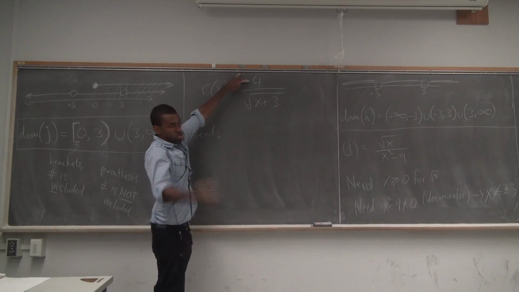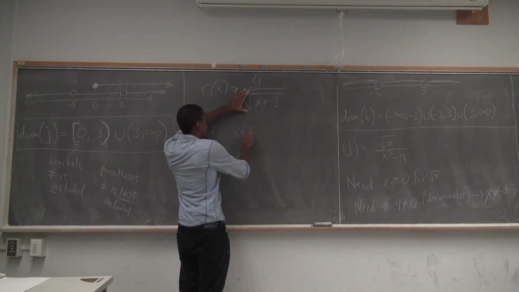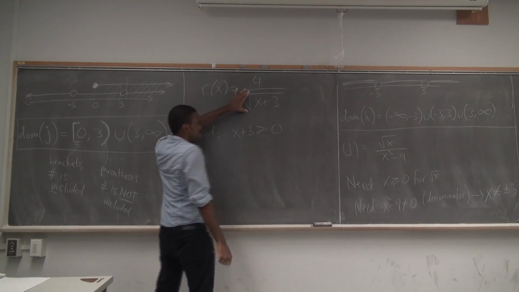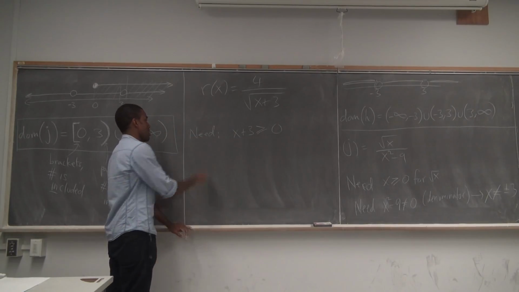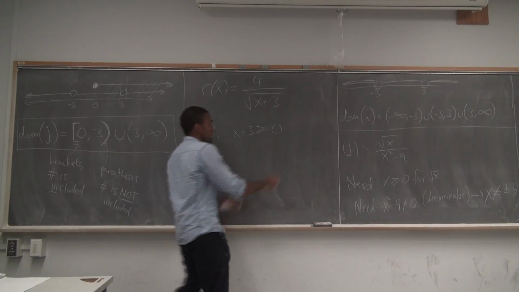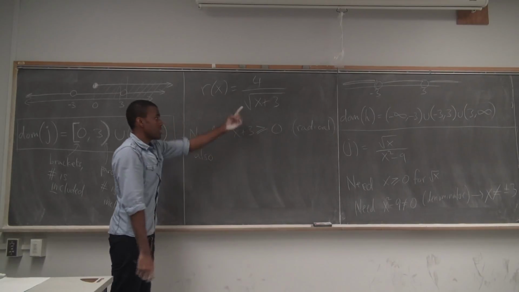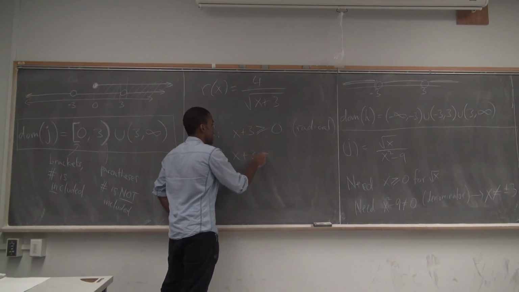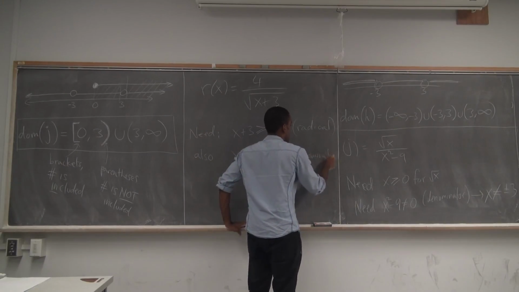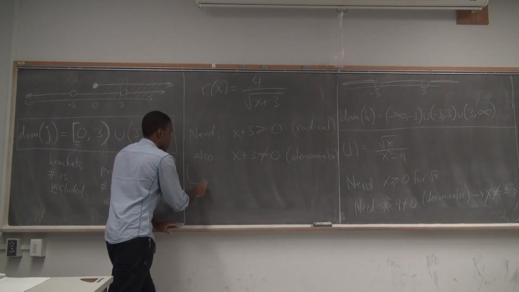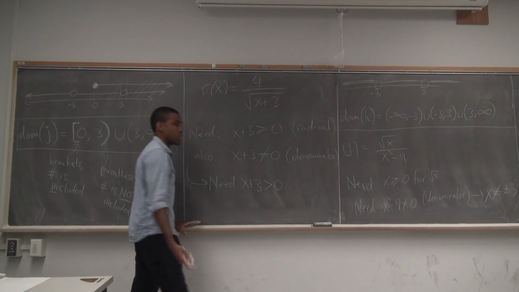The 4, no problem with 4, it'll work. For the radical, I need my x plus 3 must be greater than or equal to 0, and this is the restriction I need for the radical. However, because it's in the denominator, I need my x plus 3 to actually not be 0. So basically what we need is for x plus 3 to be strictly greater than 0, but not equal to it.